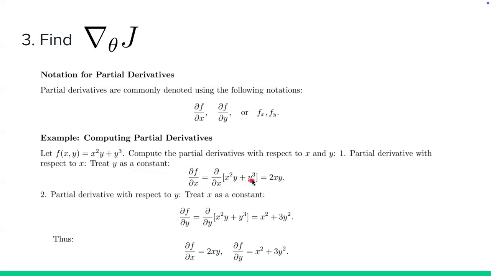The derivative is going to be 2xy. Then we compute the partial derivative with respect to y, and we treat x as a constant. So we get x squared plus 3y squared. These are our two partial derivatives.